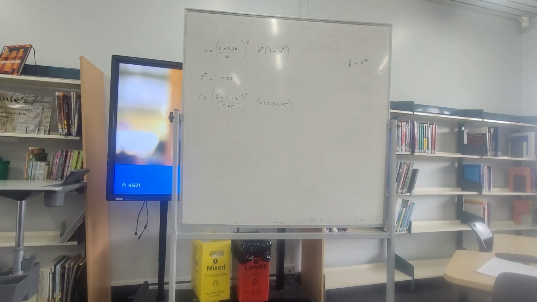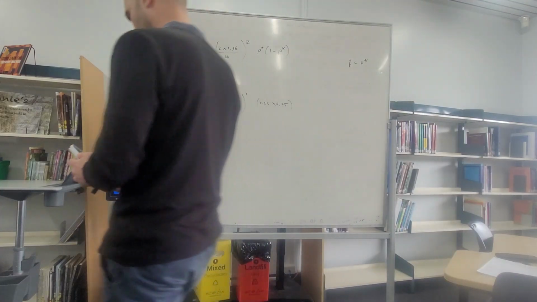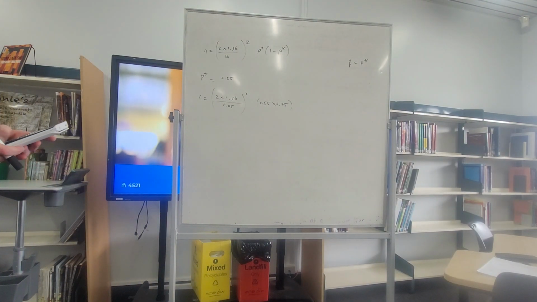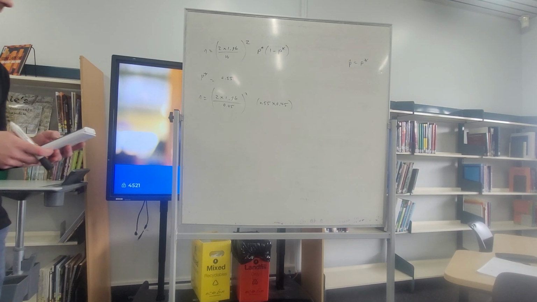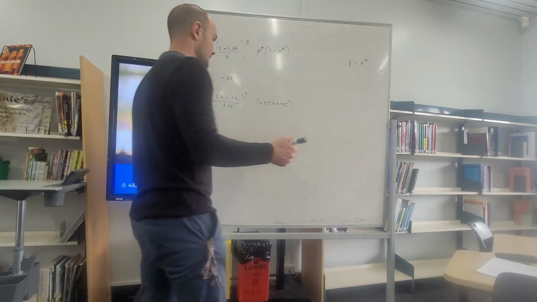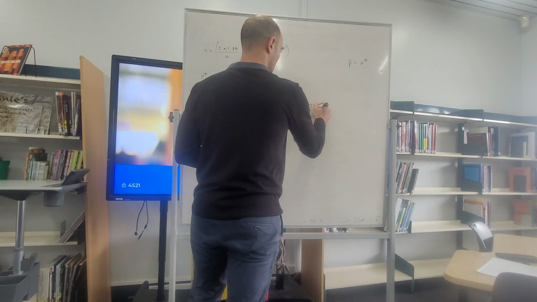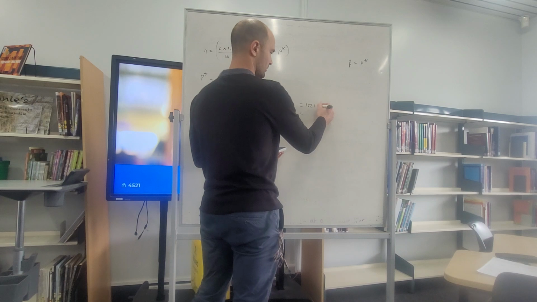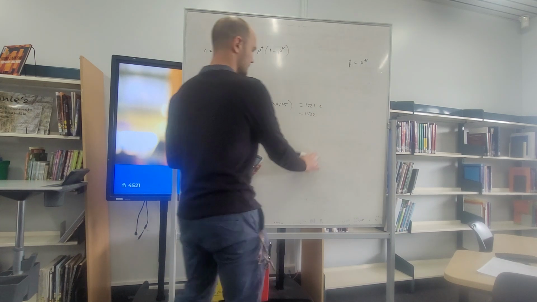We evaluate that: 2 times 1.96 divided by 0.05 squared times 0.55 times 0.45. We've got 1521.2, and again, like we were doing before, we round it up in order to guarantee that level of confidence, so 1522.